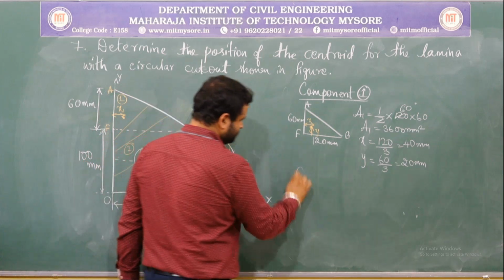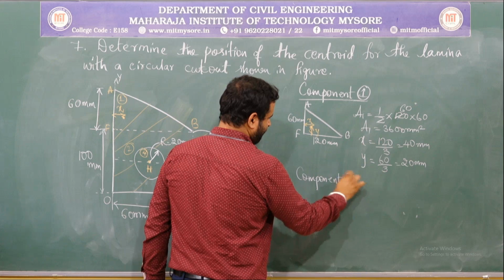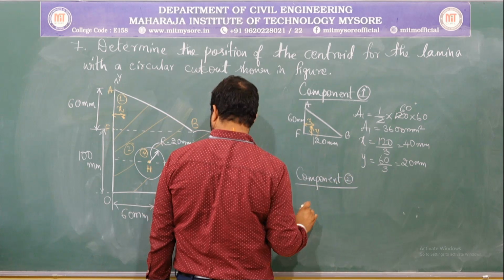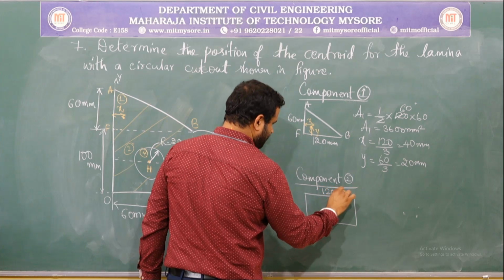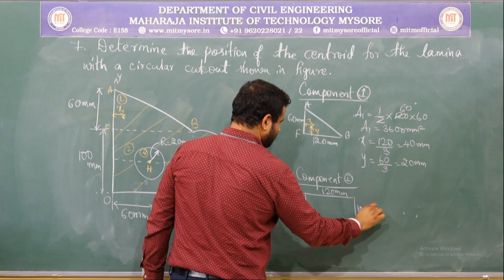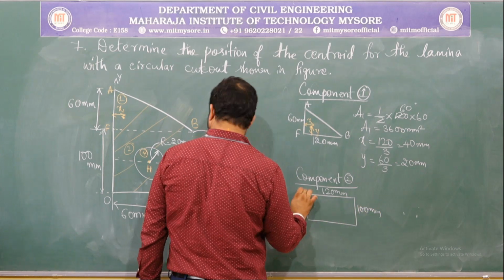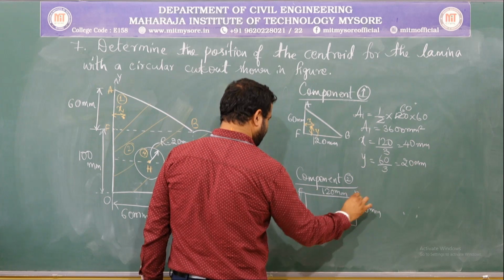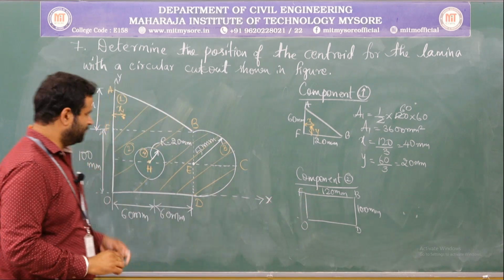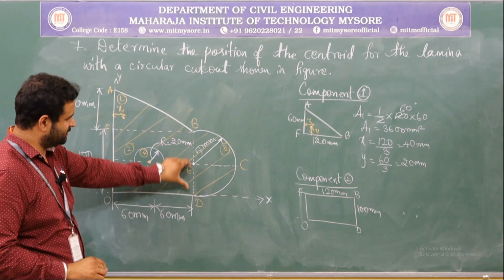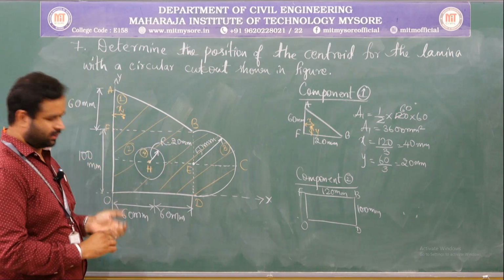Next, component 2. So, it is a rectangle of size 120 mm by 100 mm, F B D O. How is it 100 mm? See, if this is the radius given as 50, this also will be equal to 50. So, 50 plus 50 is nothing but 100. Okay.